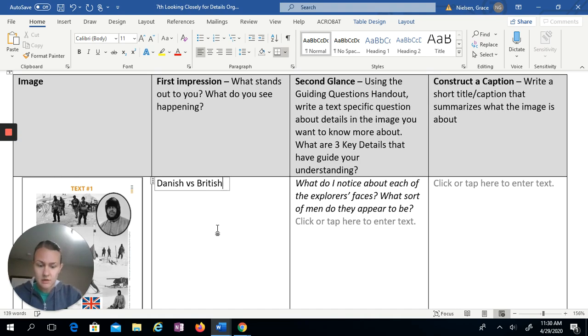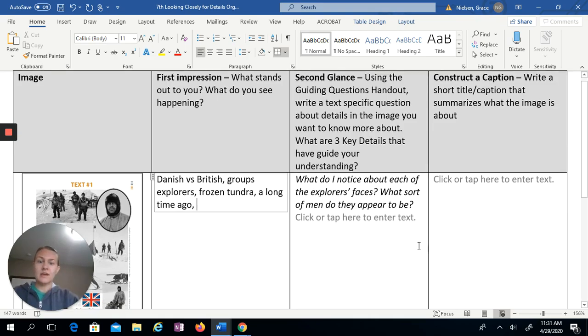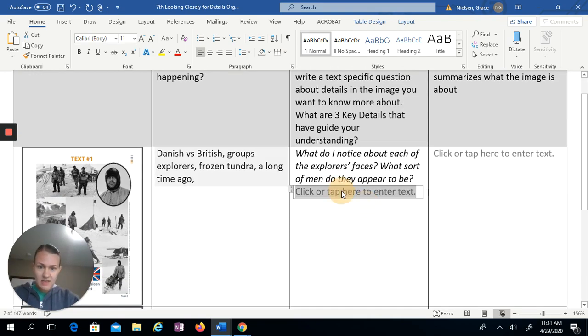We're just going to put a comma. Groups of explorers, frozen tundra, we can call that, a long time ago.